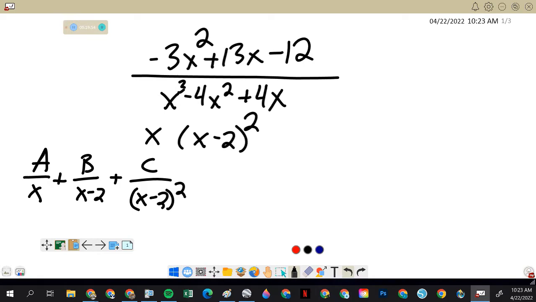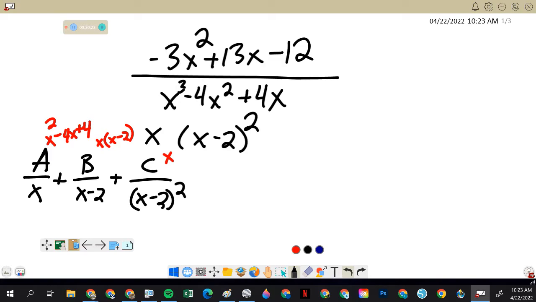Same process. This one needs an x. This one needs x minus 2 times x minus 2, which is x squared minus 4x plus 4. Does everybody understand that? Everybody good?